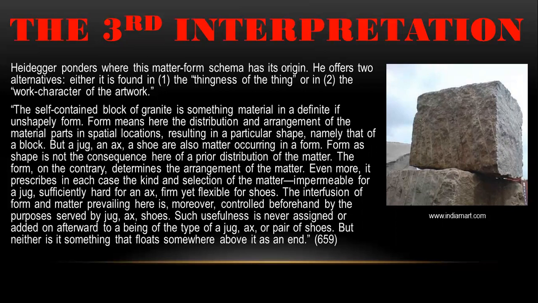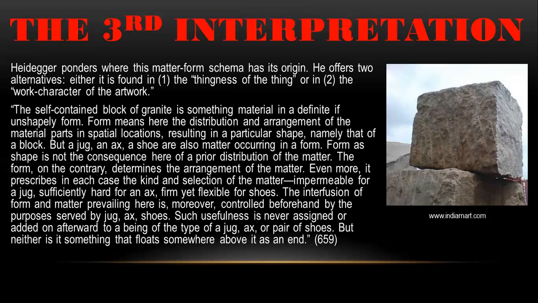It's in a sense just a mere thing. It's just a hunk of granite. It needs to be chipped away and made into a sink to be used in some rich person's house, right? Or it needs to be turned into a sculpture, or whatever it is. But when we talk about form here, its matter is the granite, matter it's made of, and form is just its shape, namely in this case a block.